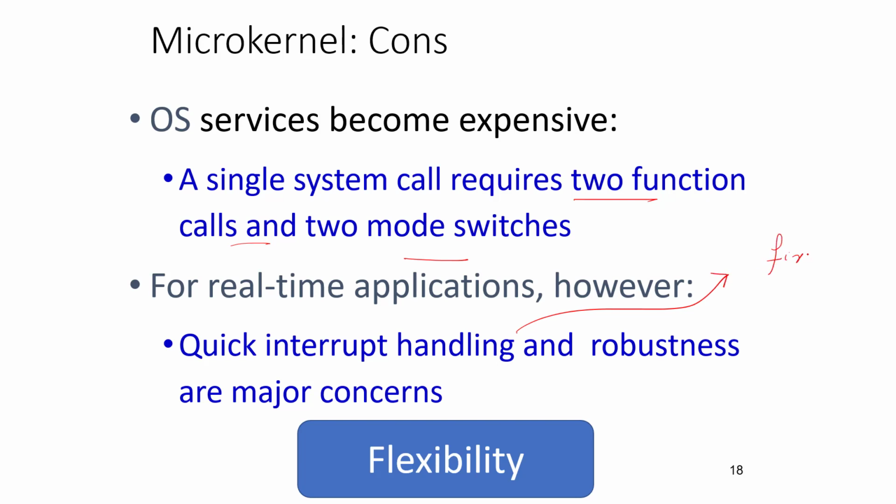Typically in many systems, we have a top half and a bottom half. The top half does quick interrupt processing, which of course is done in the kernel, but most of the bulk of the work is done by the bottom half. And if the bottom half is running in user space, it has a reduced priority, so at least real-time processes can run.